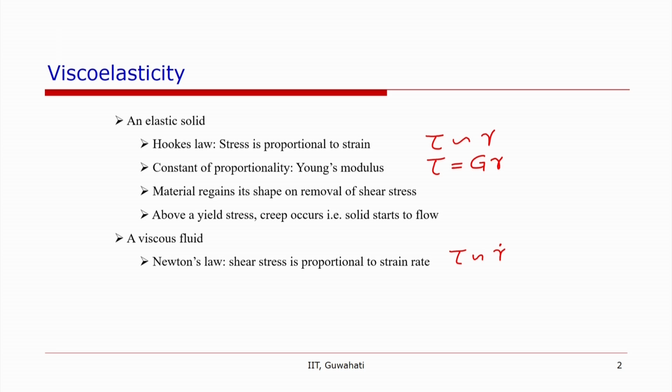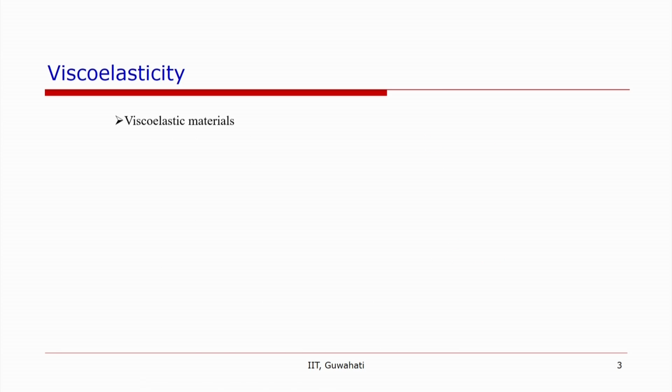So, a viscoelastic material is, you can say, a transition from solid to fluid or fluid to solid, and these materials show both solid and fluid behavior, that is, they show elastic as well as viscous behavior. Because of viscous effects, as you know, when there is flow of a viscous fluid in a channel, there is some pressure loss.